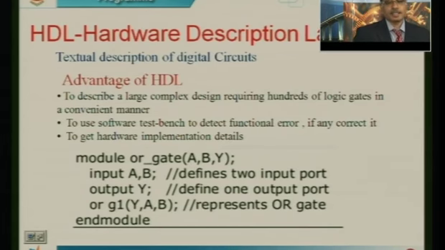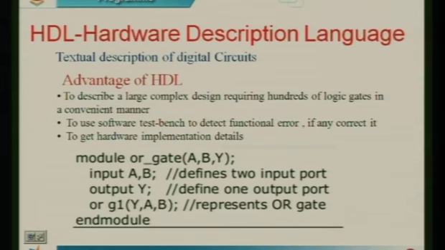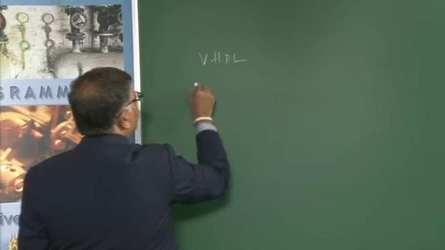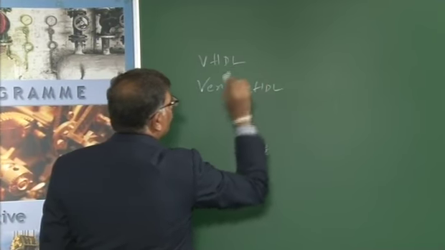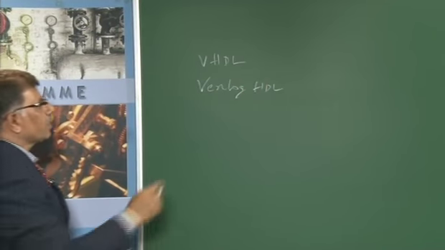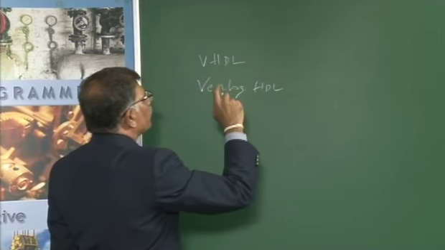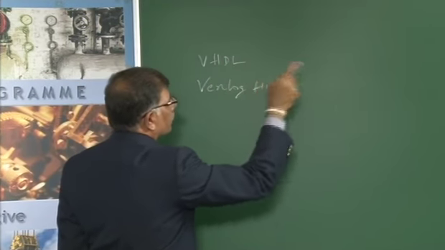In HDL languages we have two types: one is VHDL, and the other is Verilog HDL. VHDL is an acronym for very high speed integrated circuit hardware description language.